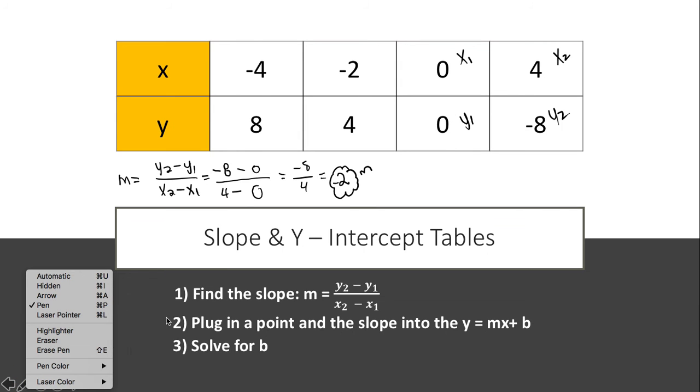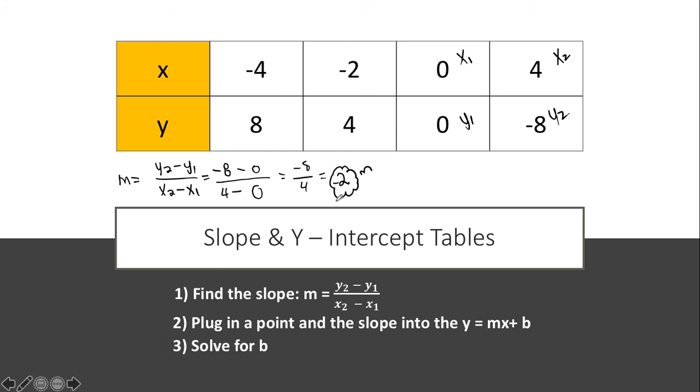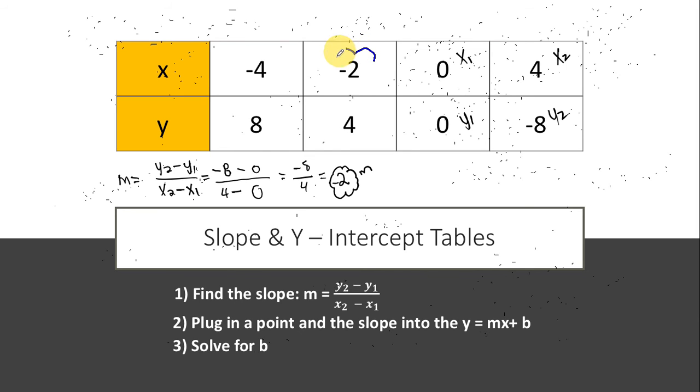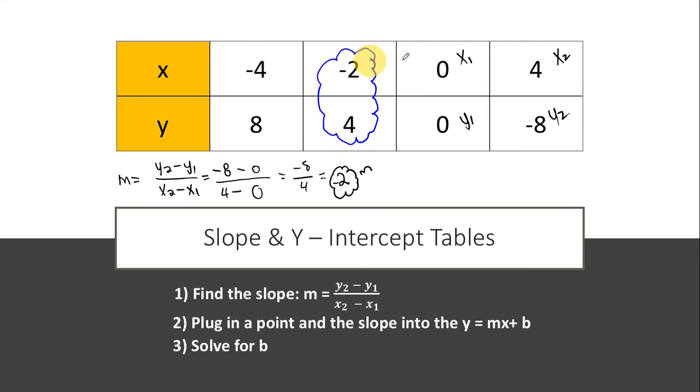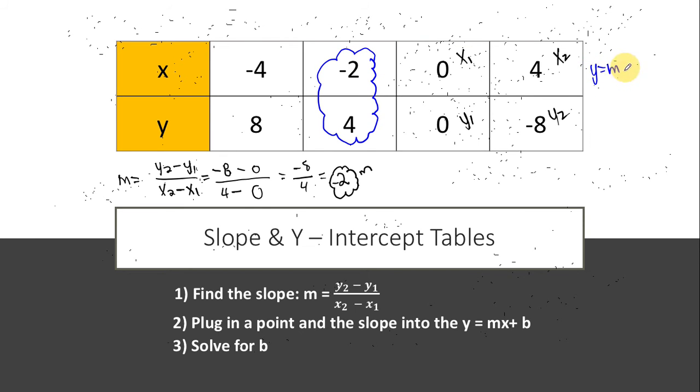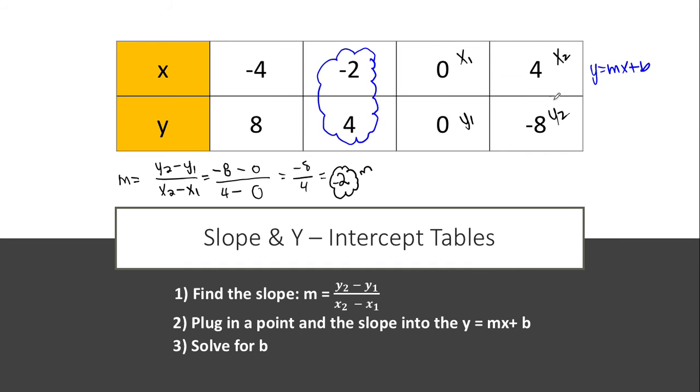All right, let's find our y-intercept. Plug in a point. Doesn't matter what point is plugged in because they're all on the same line. So y equals mx plus b. What y value did I choose? I chose 4. What is my m, my slope? Negative 2.